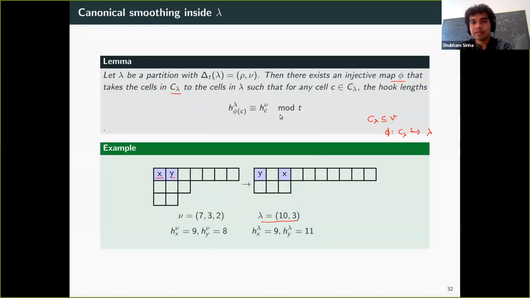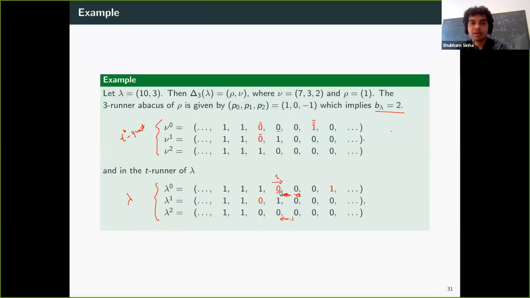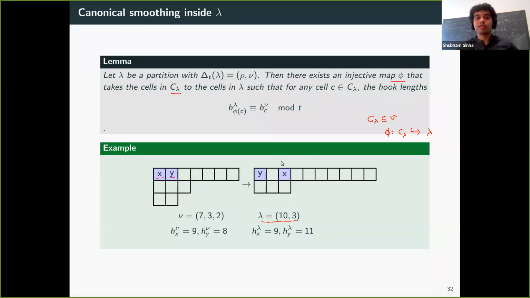But remembering the positions actually matters, because if you recall, the corresponding hook length only depends on the position in the row of these 0, 1, which is not changed.